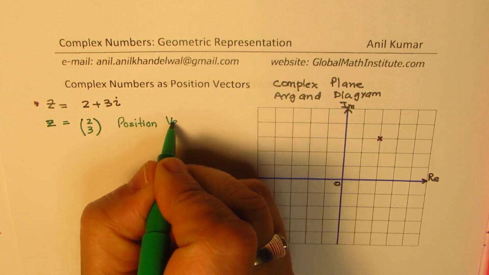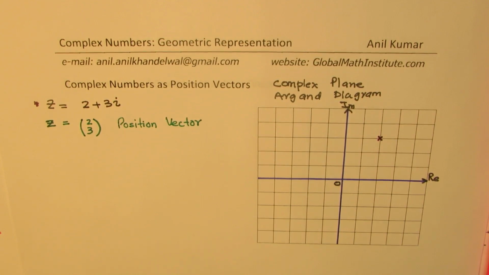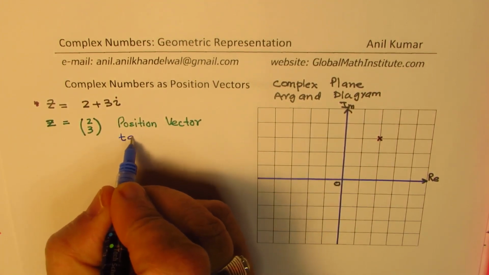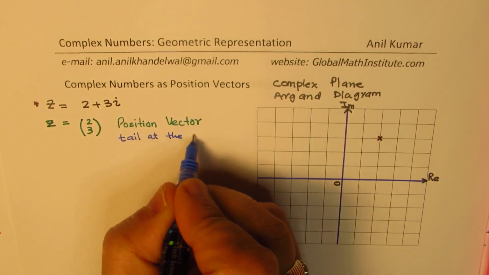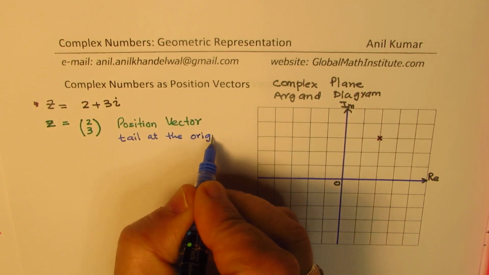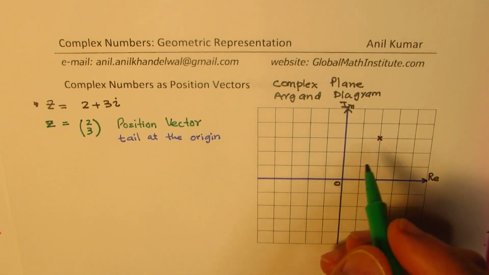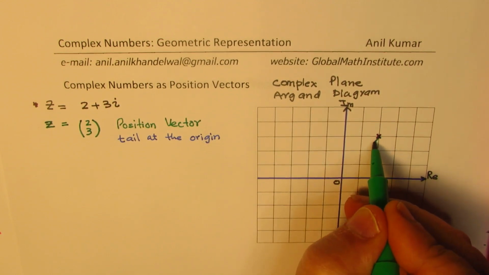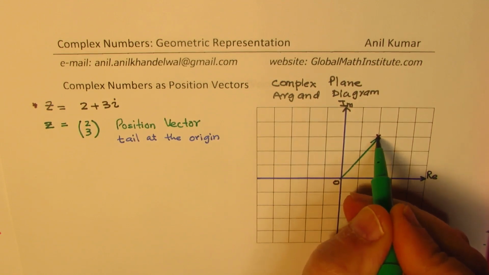So when I say position vector, it really means that the tail is at the origin, right? So we say tail at the origin, right? So if the tail is at the origin, and now we need to sketch this position vector, then it will be represented by a segment with direction, right?